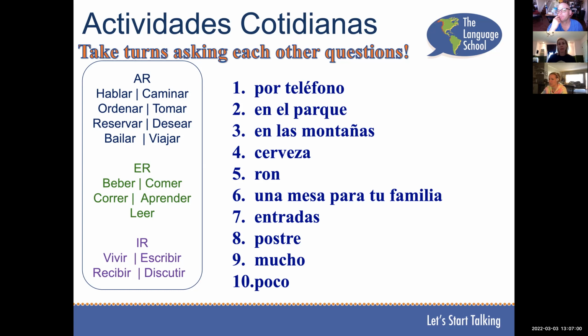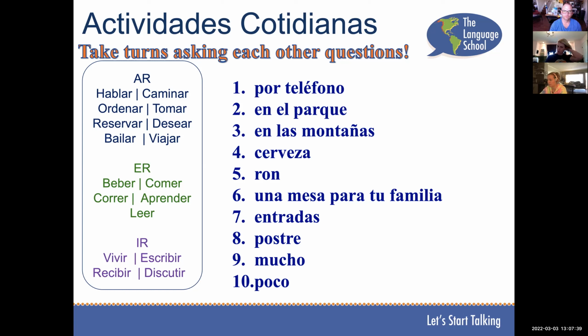So una mesa para tu familia means a table for your family. What can you do with a table for your family? Discutir doesn't work there. The best one is reservar. Do you reserve a table for your family? Oh, okay. ¿Reservas una mesa para tu familia? Sí, reservo una mesa para mi familia. Muy bien.